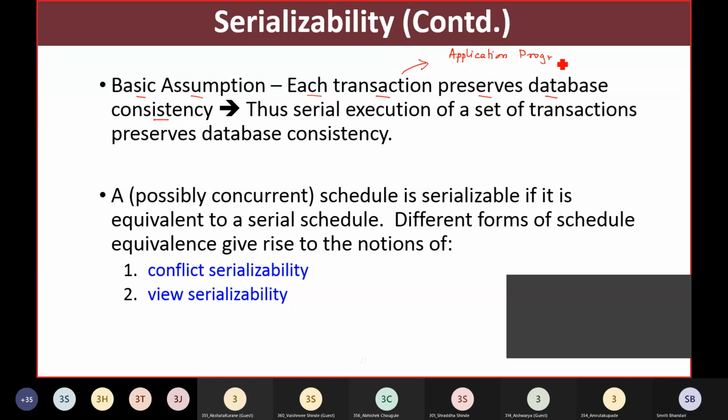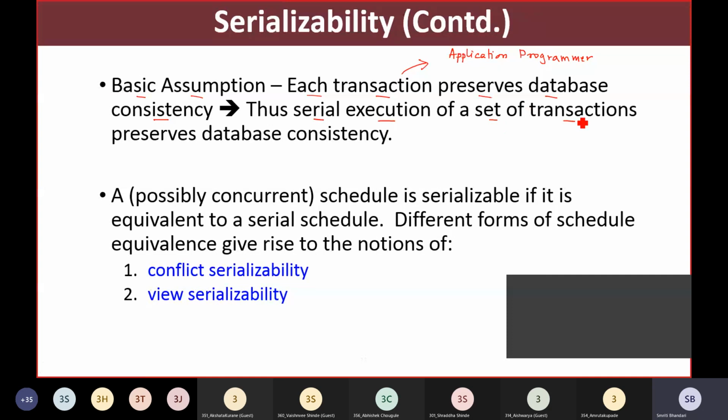Obviously the transactions are written by the application programmer, and the application programmer makes sure that every transaction is preserving the consistency of the database. So each individual transaction preserves database consistency. This is the very basic assumption.